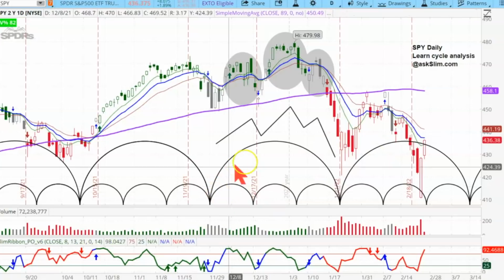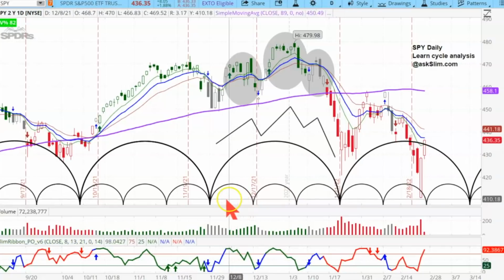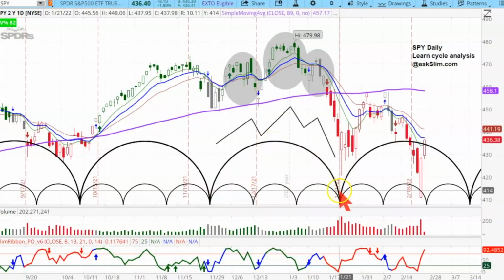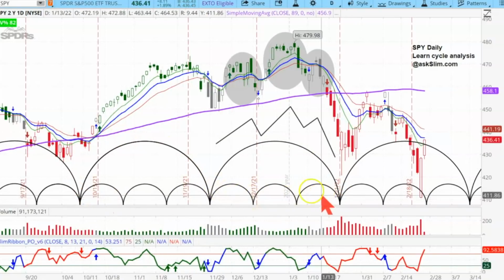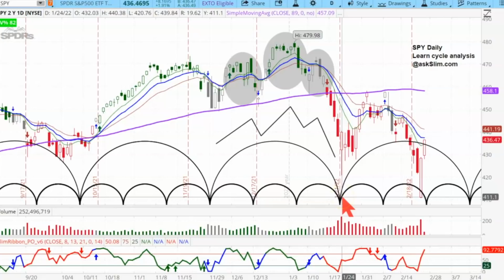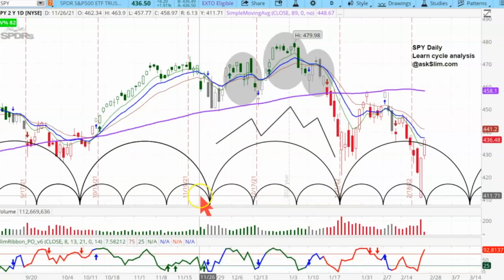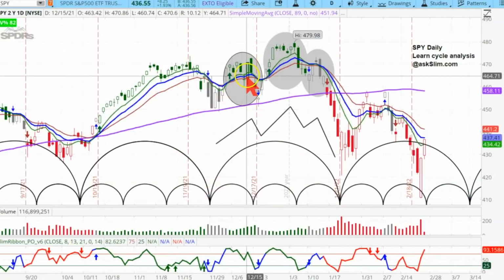This drawing tool is called cycle brackets, and you can see there's a minor one right in here and a dominant one right here, and each of these is called a harmonic family made up of these minor thirds and the dominant cycle. And what we see is that when we get into the period where they're kind of nesting, there's a decline, and then you come out of the nest and there's an advance.